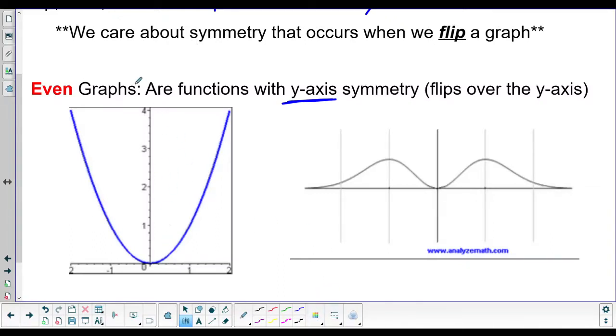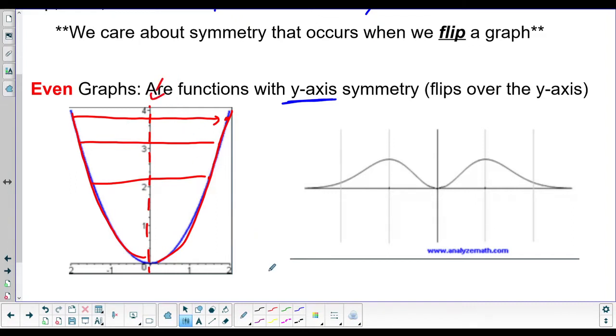If we take a graph and we fold it on the y-axis, this point, when I fold it, will land exactly on that point. And this point will land exactly on that point and all the way across, right? This whole side will land perfectly on top of that side if we fold it in half on the y-axis.